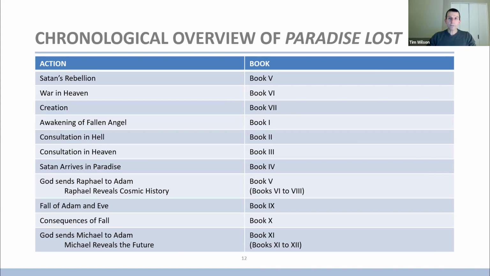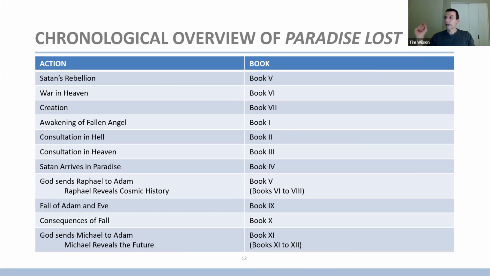Then we are shown heaven, which is one of the most unique things in literature, this attempt to describe heavenly figures consulting one another. Then book 4, the next event story-wise, is Satan arriving in paradise. The result of the consultation in hell is that they ask, should we try to assault heaven again? What should we do?